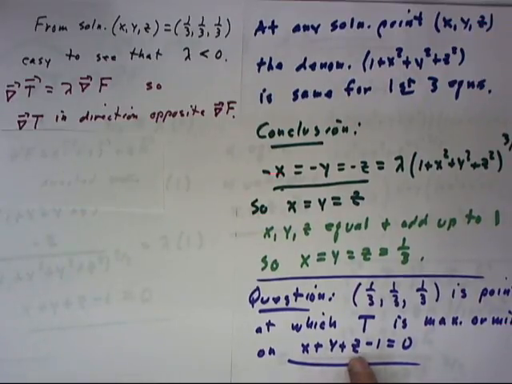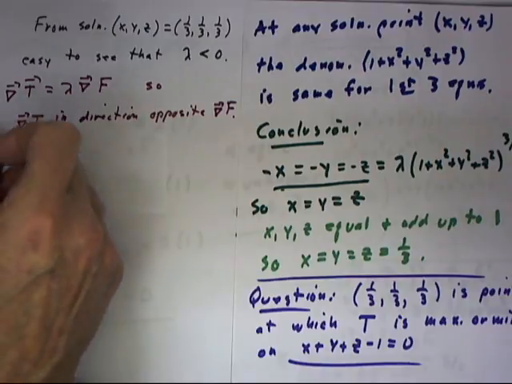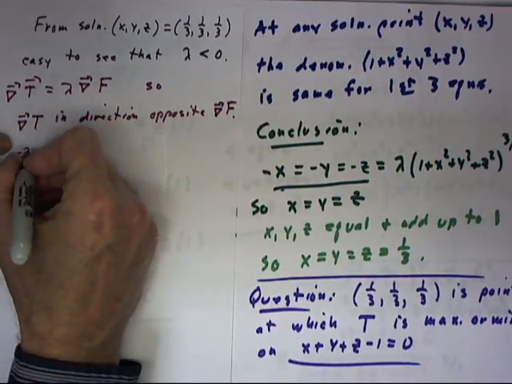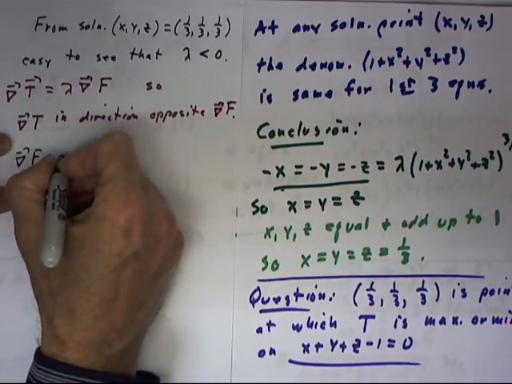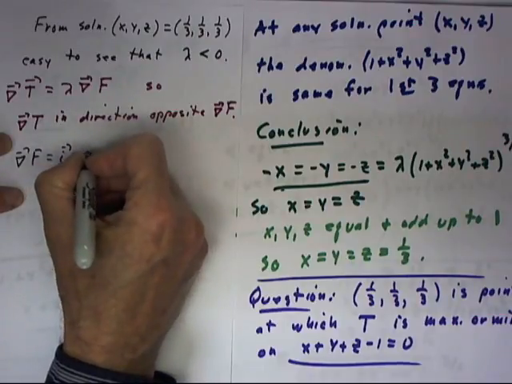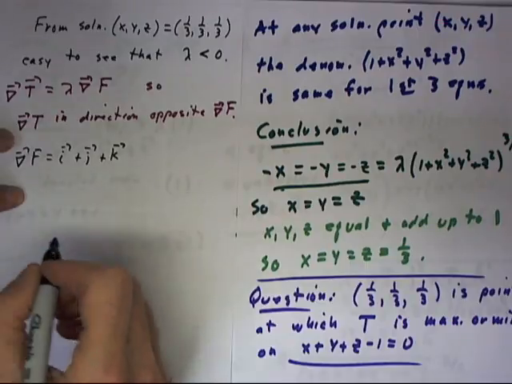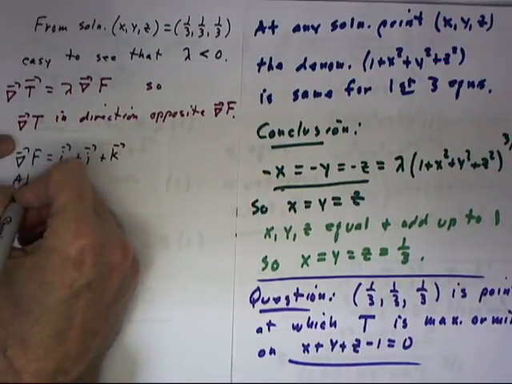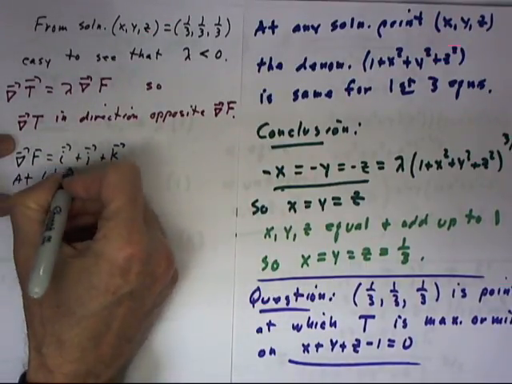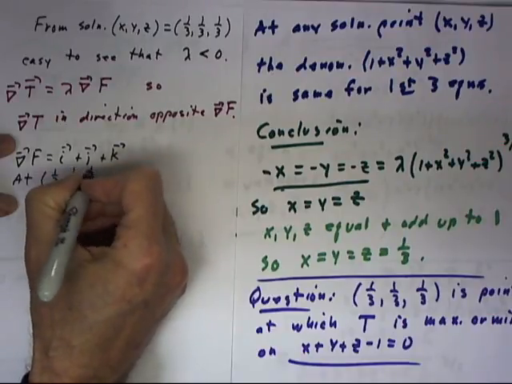We got x plus y plus z minus 1. That's our f of x, y, z. The gradient's just i plus j plus k. So the gradient is i plus j plus k at the point 1/3, 1/3, 1/3.